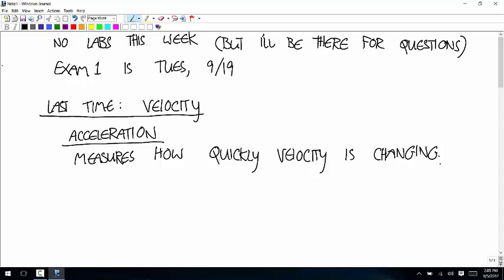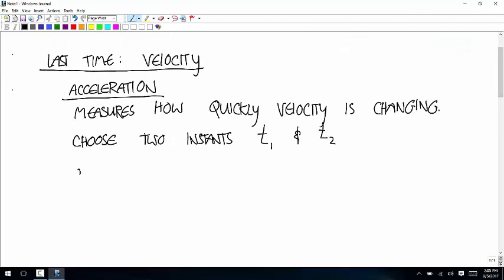So let me write it. Choose two instants, T1 and T2. And the acceleration is the velocity at T2 minus the velocity at T1 divided by T2 minus T1.